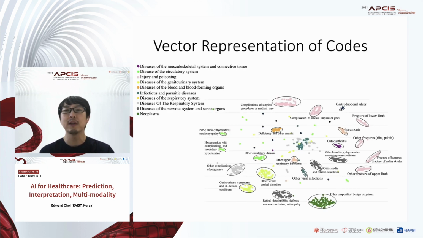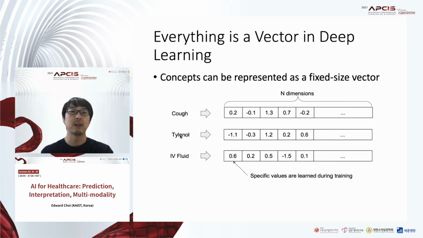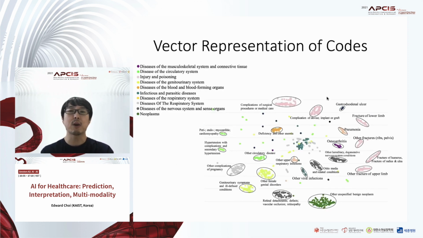If properly learned, these diagnosis vectors, medication vectors, or procedure vectors would be very well organized in that n-dimensional space. This happens to be two-dimensional space for visualization, but in n-dimensional space, similar or relevant diagnosis codes would be located in the same region, and irrelevant ones would be farther away. So this is one visualization of that example.